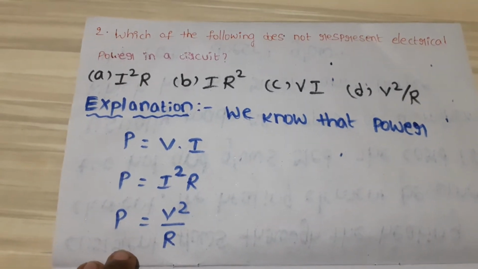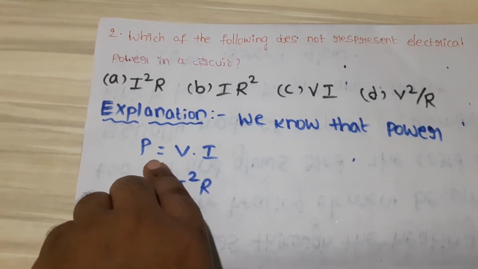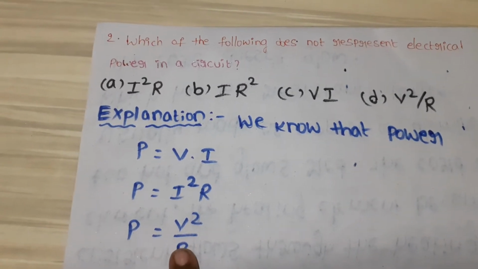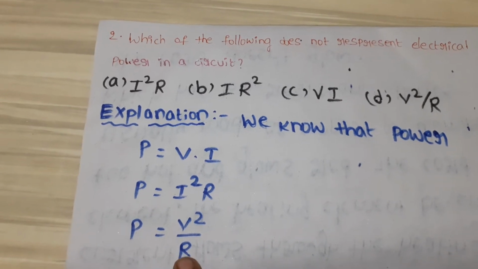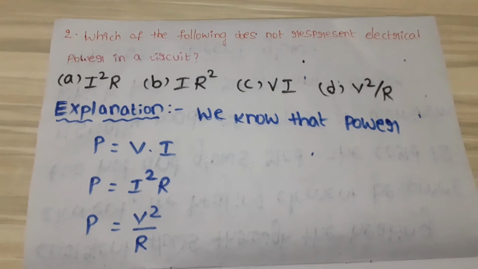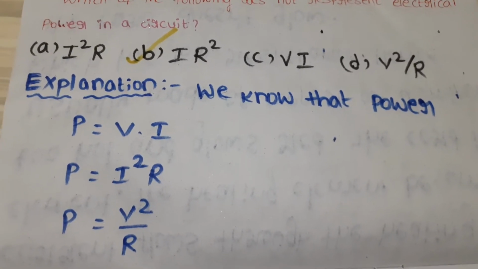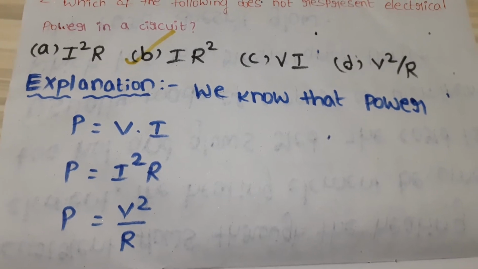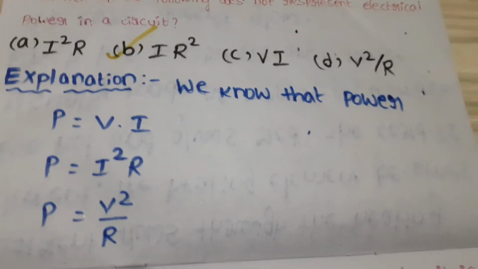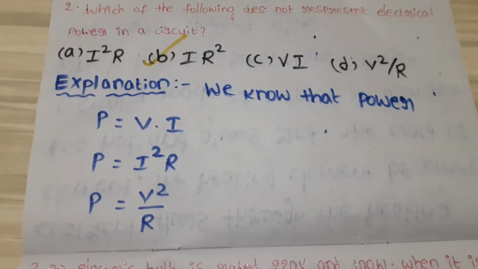Option C, V into I, is also one of the power formulas. Option D, V square by R, is also a power formula. So the wrong option is option B, which is not a correct formula for power. Power equals I square R is the correct formula. That is the answer.